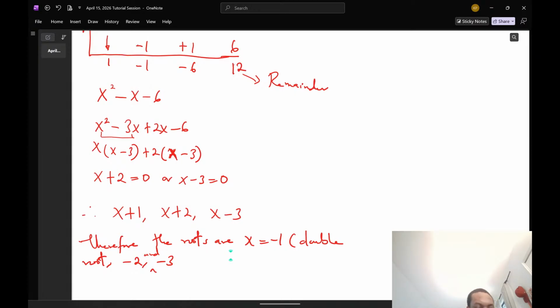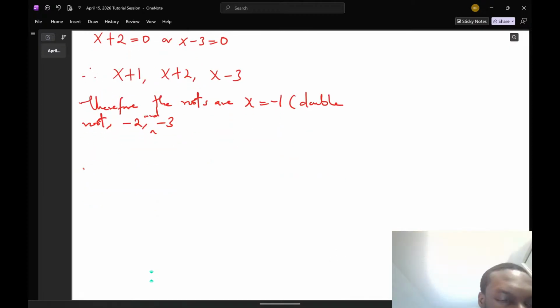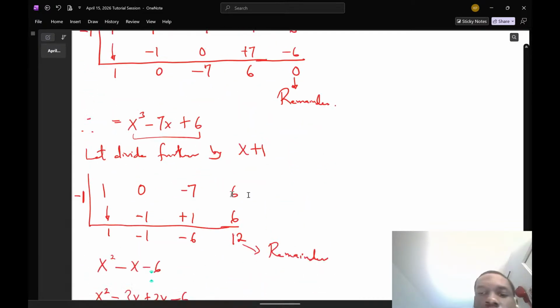So I want to factorize this type of polynomial completely. For example, let's say we are asked to factorize this polynomial completely. Which number is this? Number 6. Let's go to number 7.